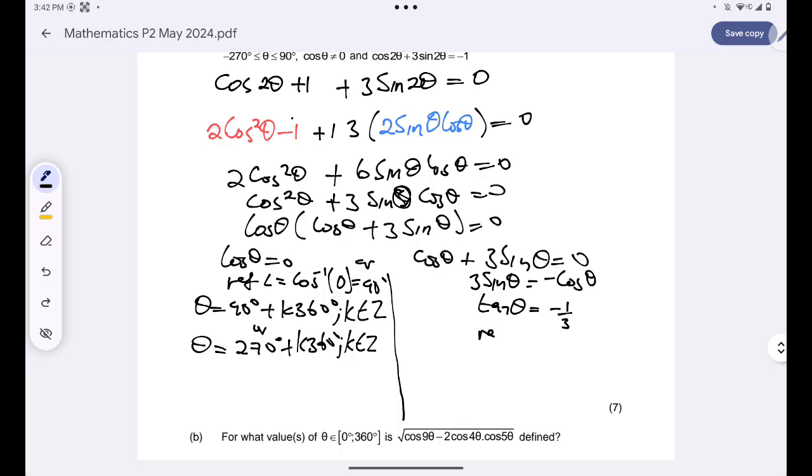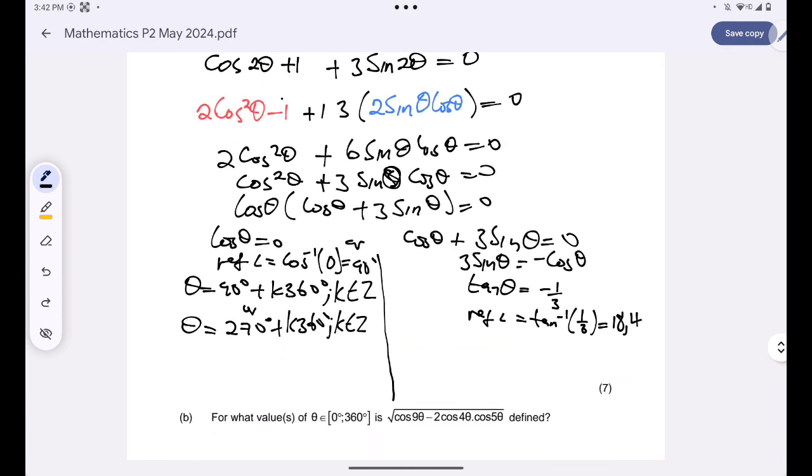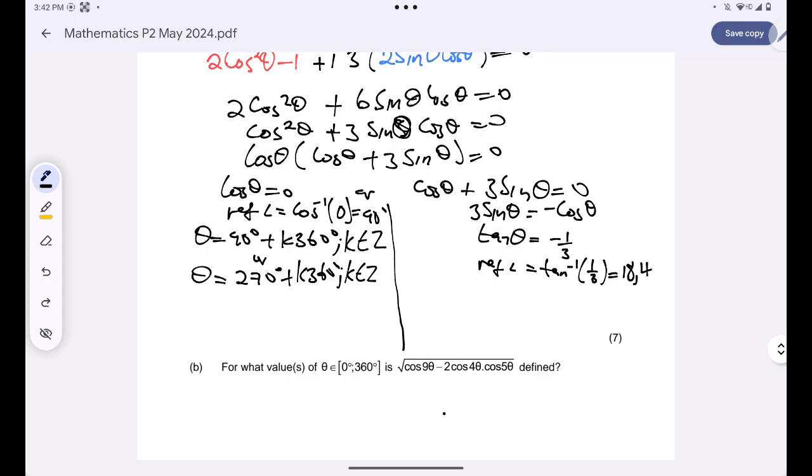And then the reference angle is simply inverse of tan 1 over 3. What do I get? I simply get 18.4. Yeah, to one decimal place, 18.4, right?